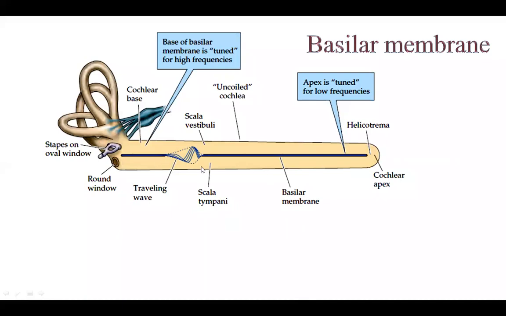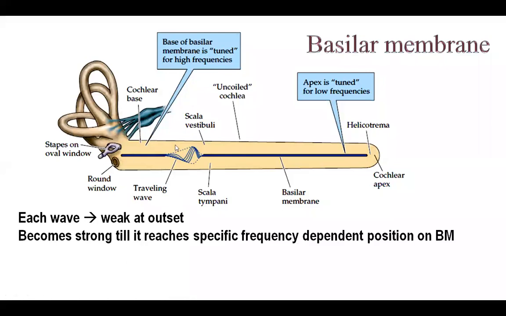Again in the same diagram, you see a traveling wave which starts from the base and tries to reach the cochlear apex. Whenever an oscillation is produced, each wave at its onset is weak. But as it travels along the basilar membrane, it becomes stronger until it reaches a specific portion of the basilar membrane which matches the frequency of the sound wave.